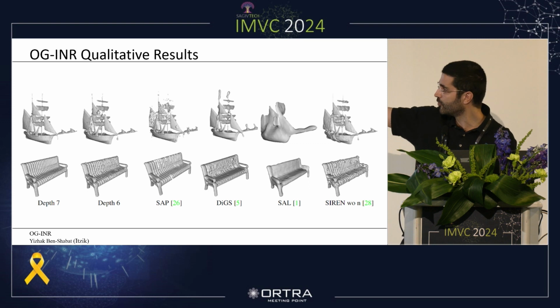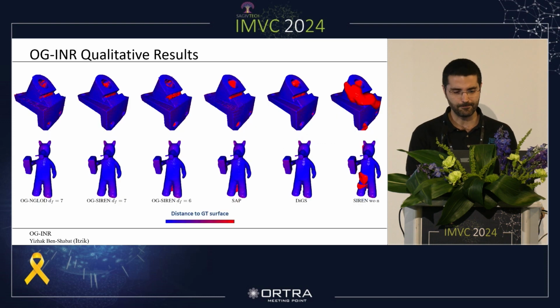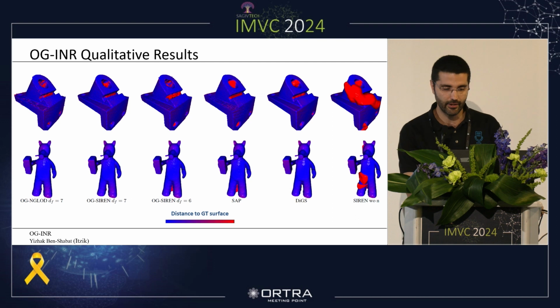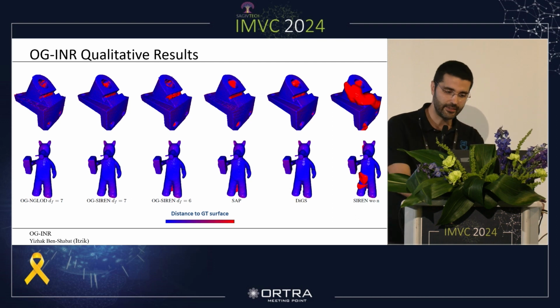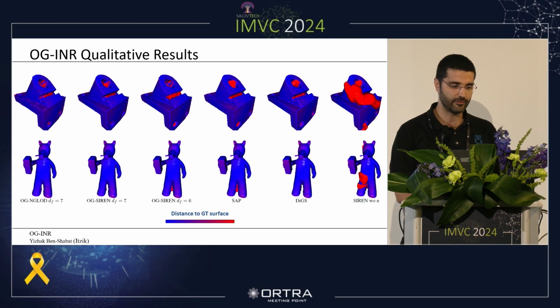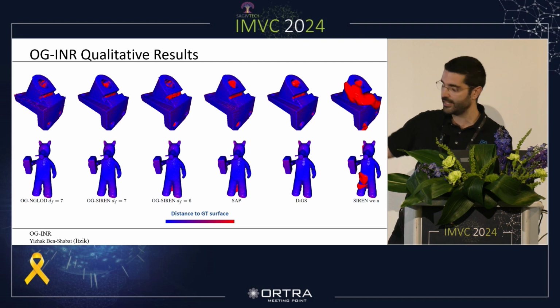But our method, if you look at depth 6 or depth 7 trees, you can really get those high details that you want to get. If you want to look at it in a more visual kind of aspect, we're highlighting the different errors. So red here represents high error rate. You can see those tricky geometries that I was talking about very, very clearly. And our method really shines there.